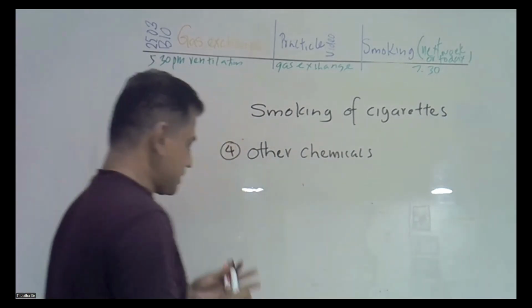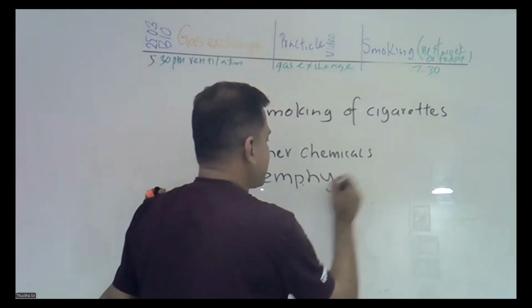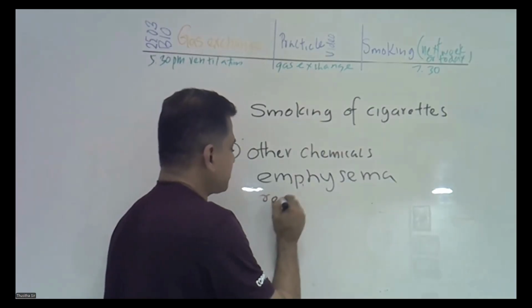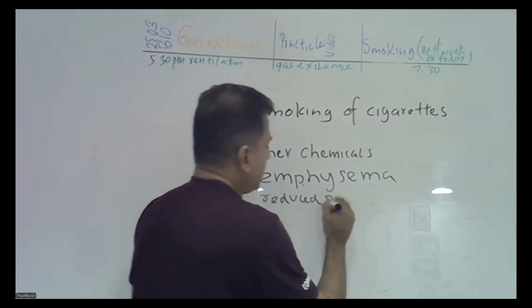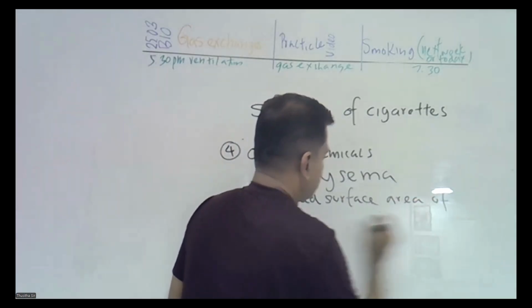Other chemicals cause a disease called emphysema. So emphysema is reduced surface area of alveoli.